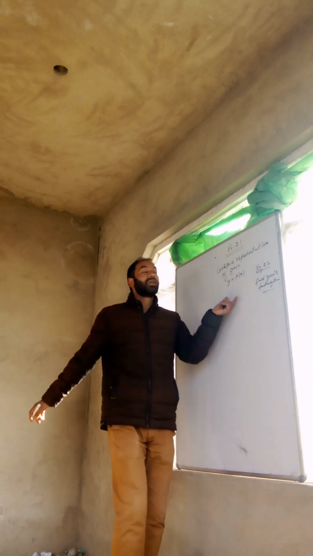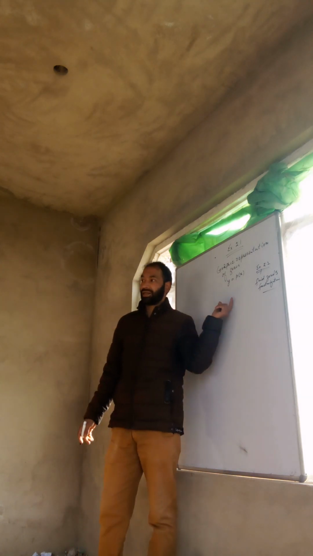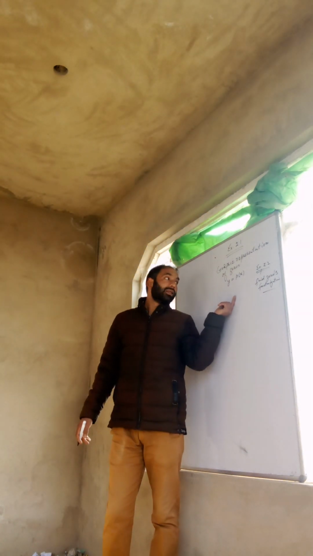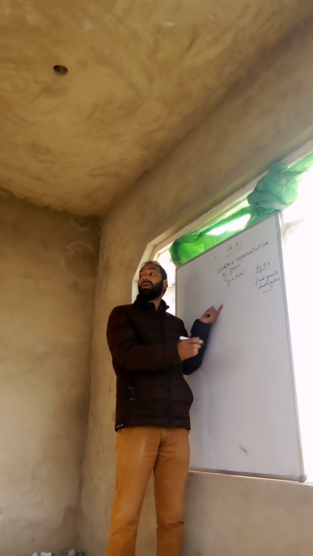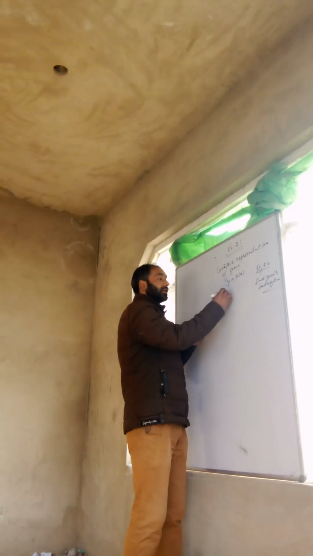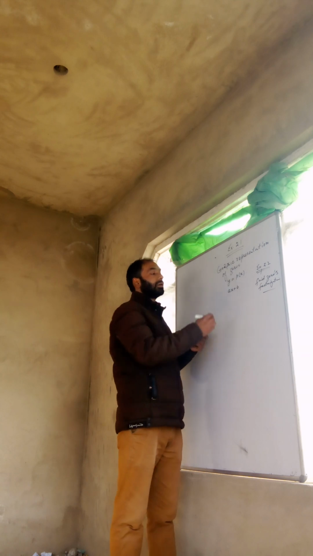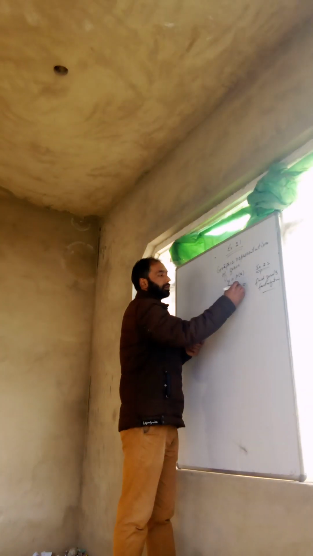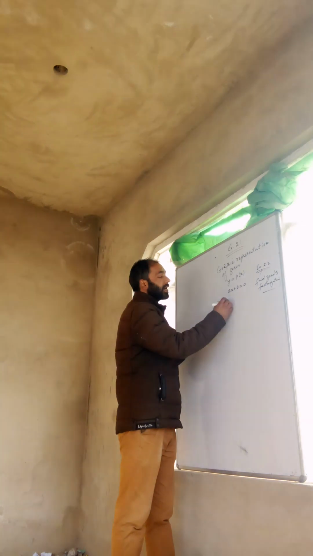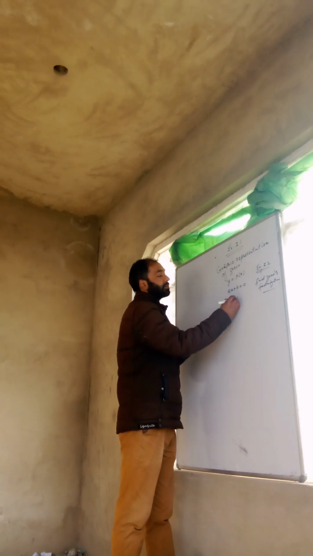Now we have to find zeros by graph. Zeros of a linear equation in one variable we write as ax plus b is equal to 0, and ax square plus bx plus c is equal to 0.